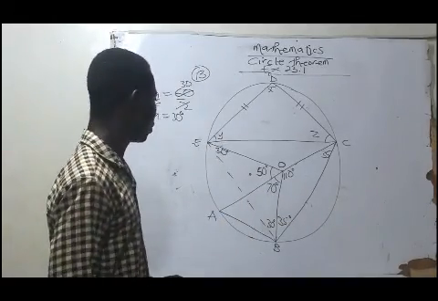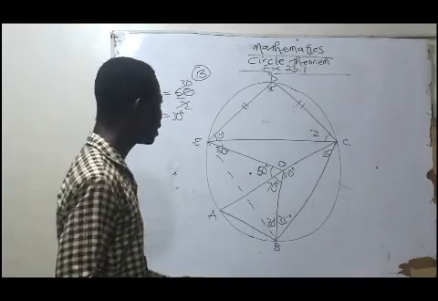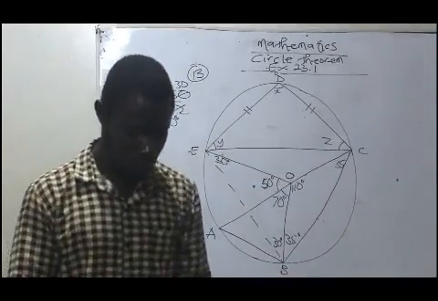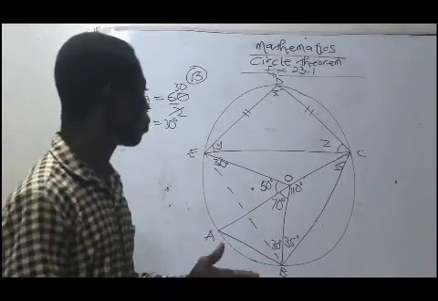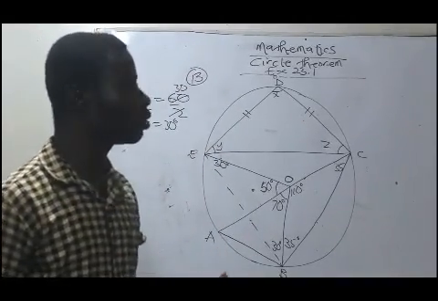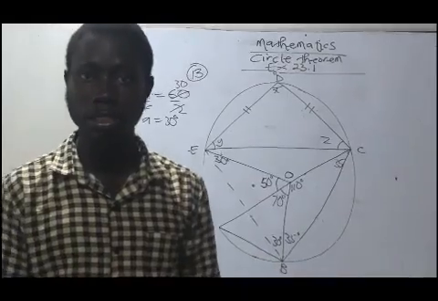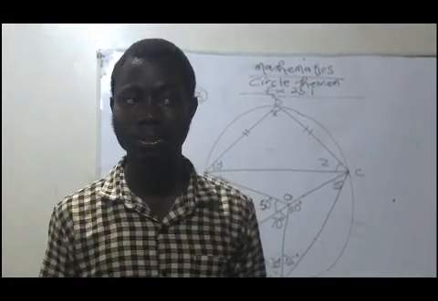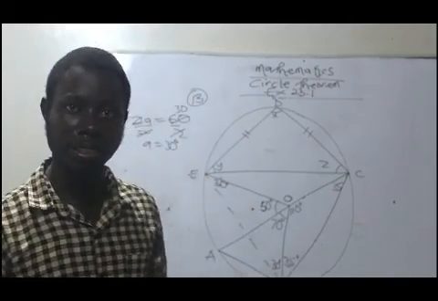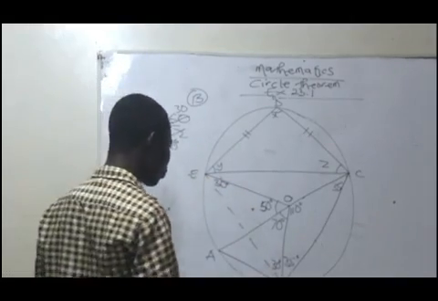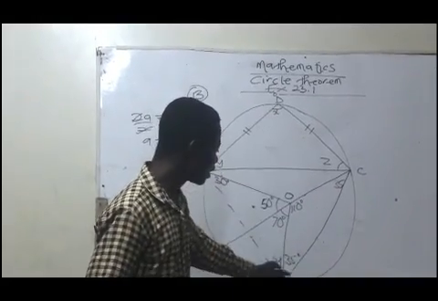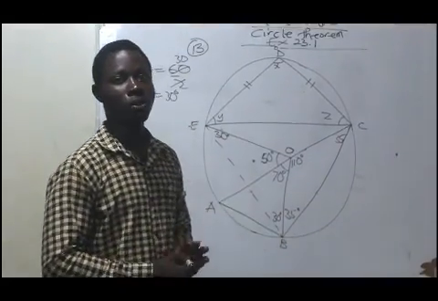Since we have angle EBC, we can easily get angle EDC. Why? Because when we have a chord subtending angles at opposite segments, the sum of those angles should be equal to 180 degrees. That's a property in circle theory. So when we sum x plus 30 plus 35, we have to get 180 degrees.